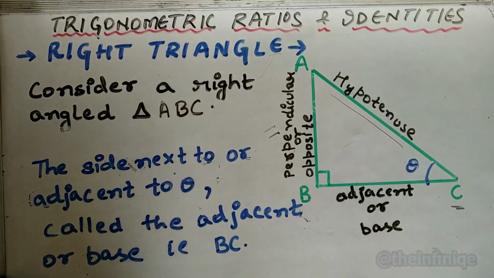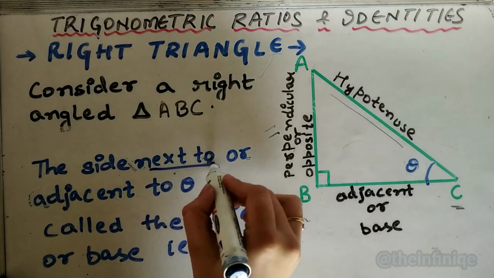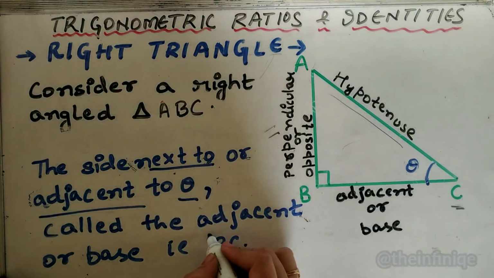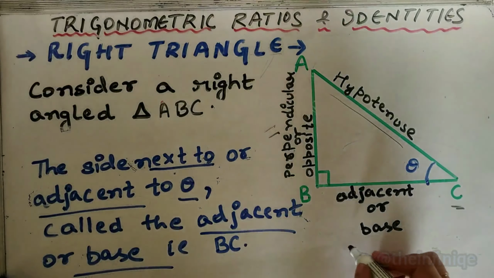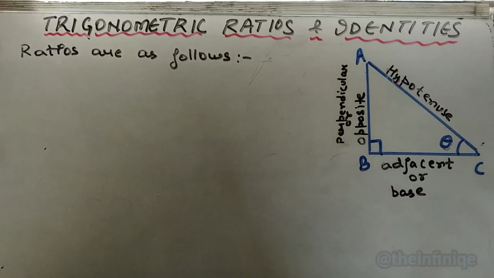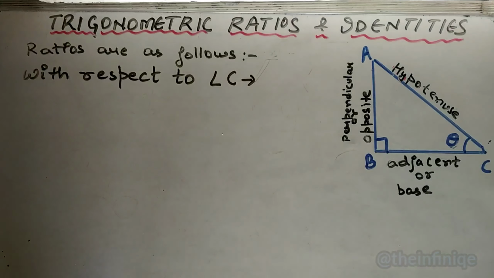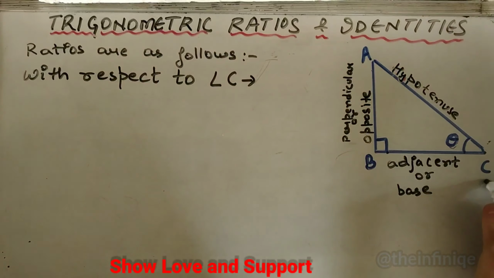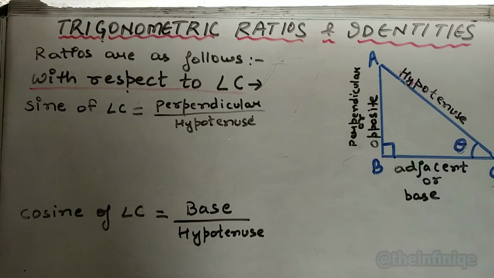Then the remaining third side, next to or adjacent to theta, is called the adjacent or base, that is BC. And there are certain ratios which help us to find the missing angles and sides of a right triangle, as follows. And the ratios are defined with respect to the angle C, that is theta.